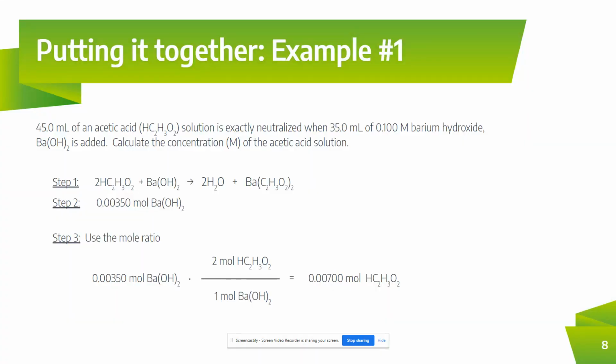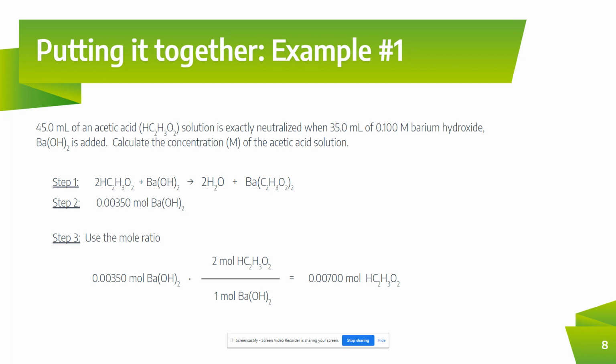Because this is a neutralization reaction, we know that the moles of the base need to completely cancel out with the moles of the acid. And to ensure that's the case, we can use the mole ratio from the problem. So we start with the 0.00350 moles of barium hydroxide we had from step 2.